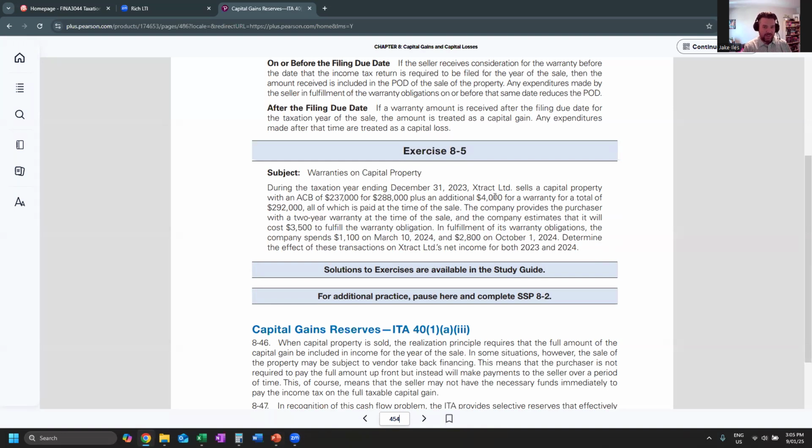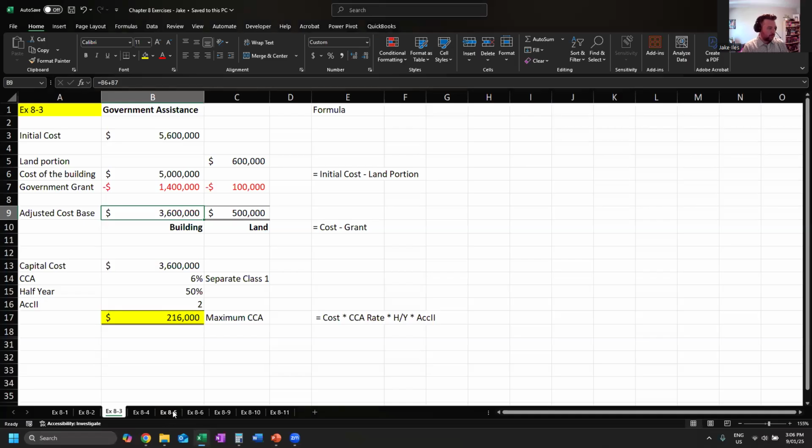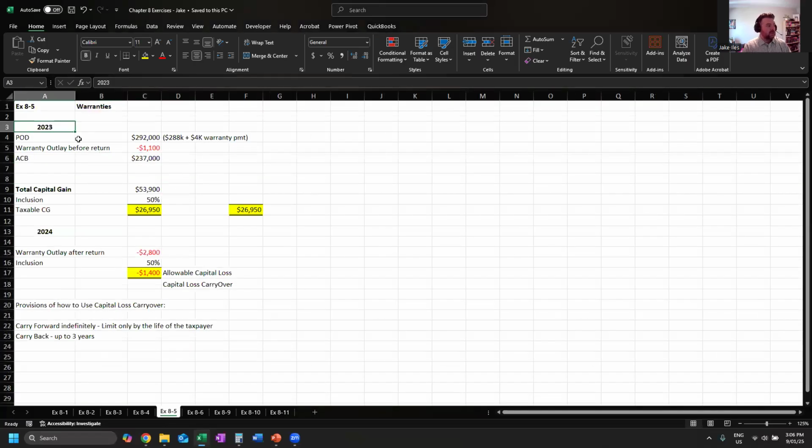We collected $4,000. We spent $1,100. After our filing due date, we spent an additional $2,800. So how does this look? In 2023, that's when we made our sale. We collected $292,000. We collected $288,000 plus a $4,000 warranty payment.